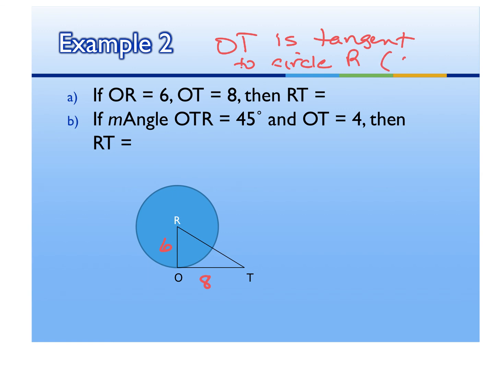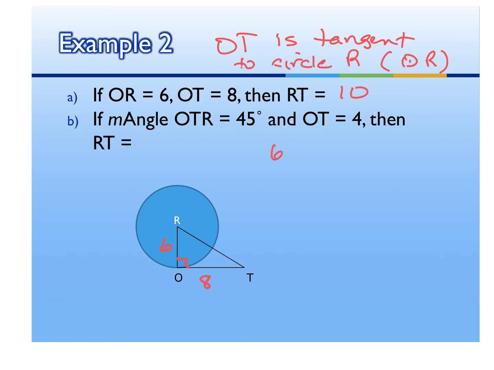And again, you could also draw a picture and then put the center point. So because OT is tangent to circle R, I know that there's a little right angle here. And now to find RT, I can either recognize that this is a Pythagorean triple, and RT is going to be 10, or do Pythagorean theorem.